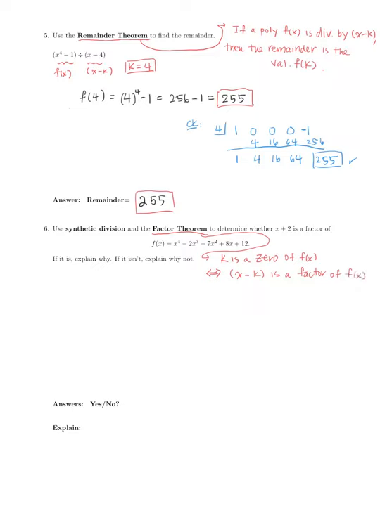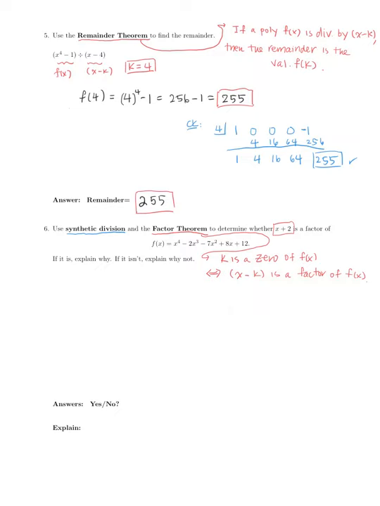Okay, so what we want to do is determine whether x plus 2 is a factor of this function right here. Now, I also want you to use synthetic division to make sure that the remainder is going to be 0.